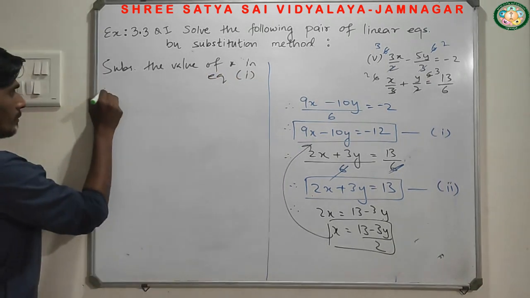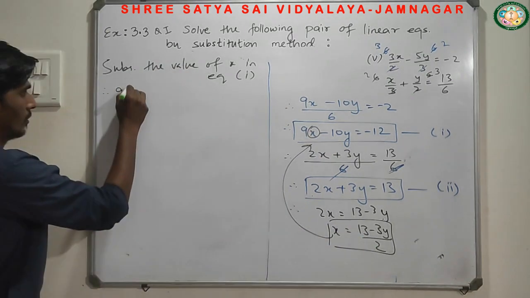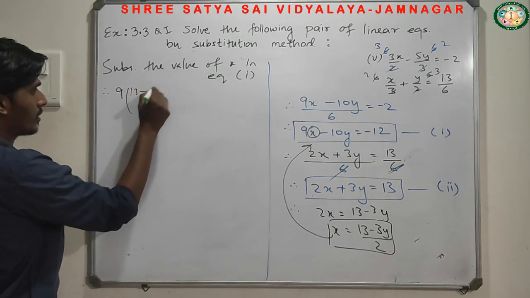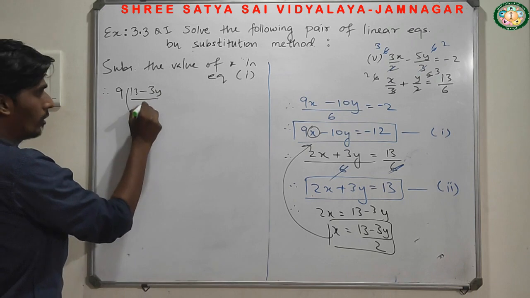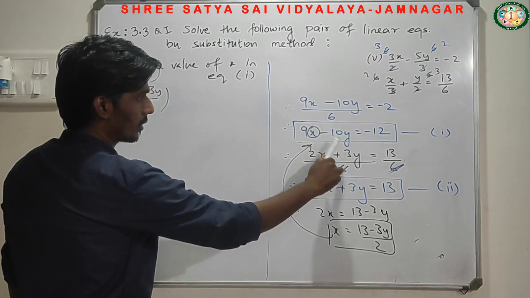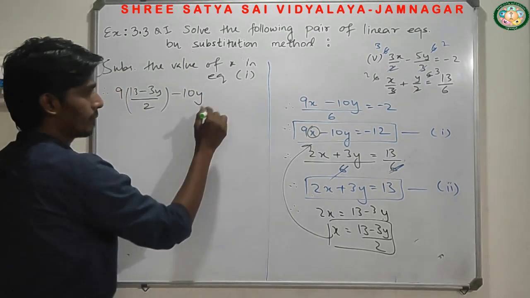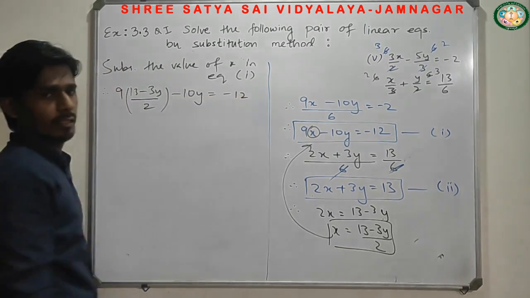What is equation 1? It's 9x. Now instead of this x, I am going to write 13 minus 3y upon 2. Then it's what? Minus 10y equals to minus 12.